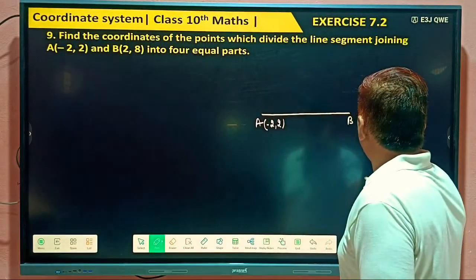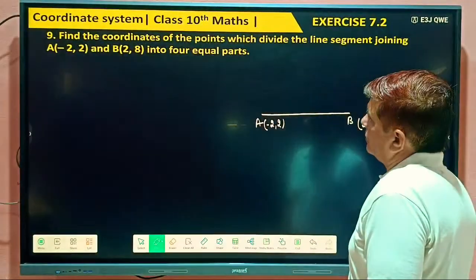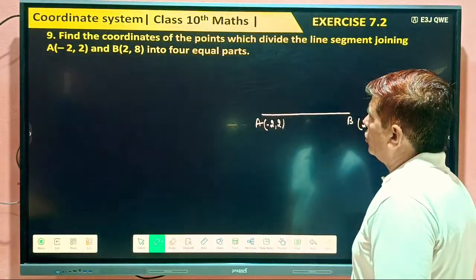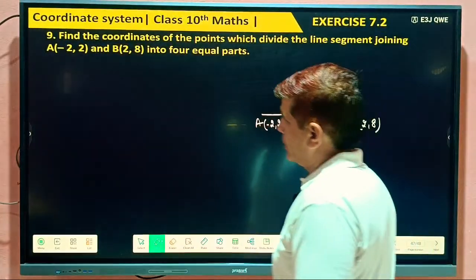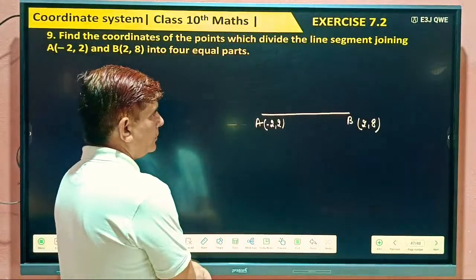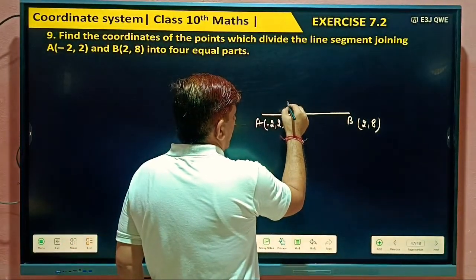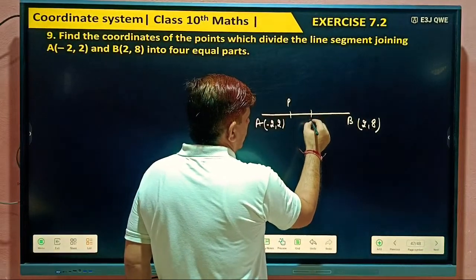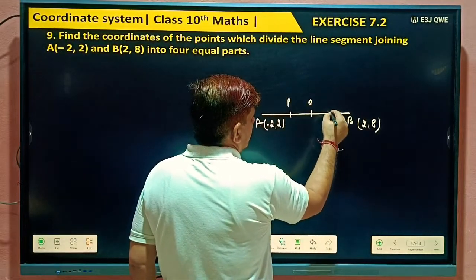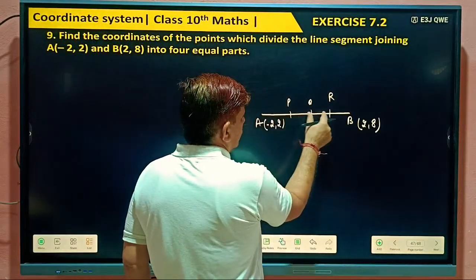Coordinates of B are 2 and 8. Divide into 4 equal parts. Find the coordinates of the points. So one point we have taken is P, then Q, then R: 1, 2, 3, 4.